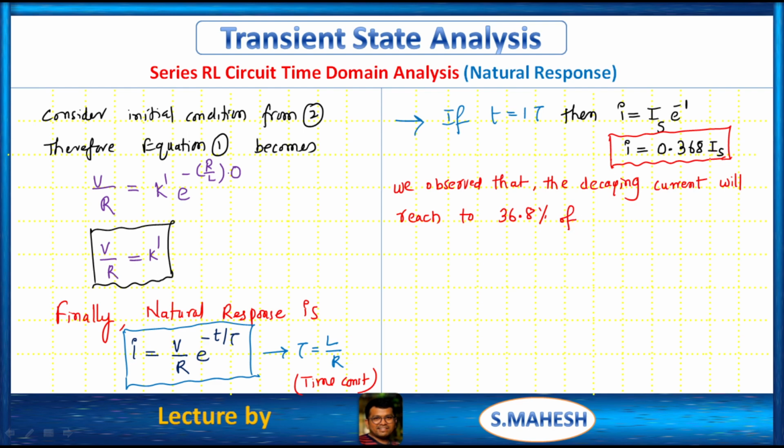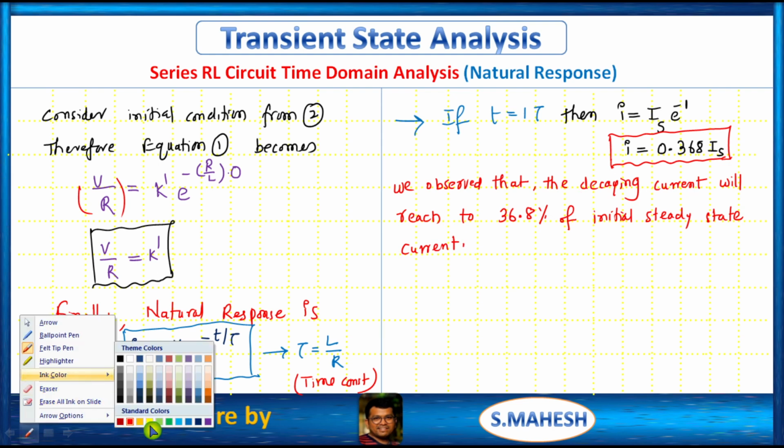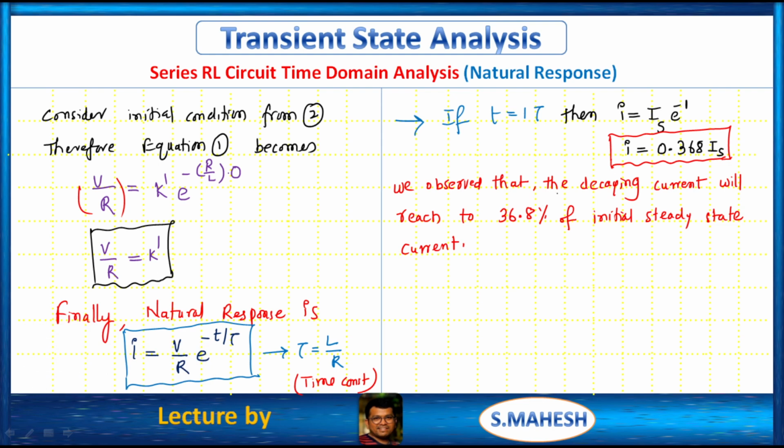Is, that is the initial steady state current. This is the initial condition. So we observe that the decaying current will reach 36.8% of the initial current.